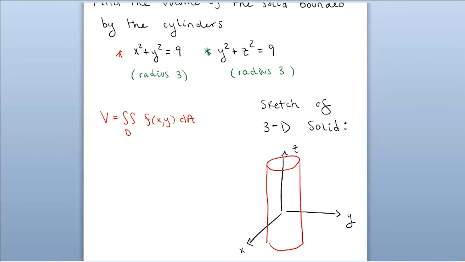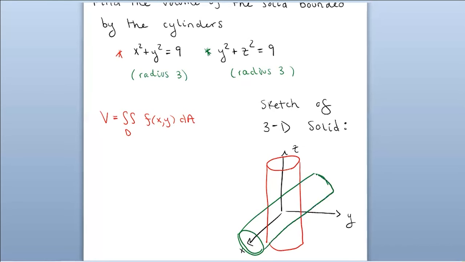Now I'll take my green and sketch this other one. Same idea. Because x is the variable that's missing, x isn't fixed. It can be whatever it wants to be. And so it extends along the x-axis, and my cylinder has the x-axis as its center. So that's the other cylinder.